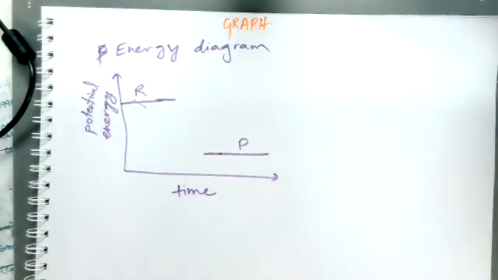Substances are trying to be stable. Just like when you are on a fourth floor, you are less stable as compared to when you are on the ground floor. What do I mean by stability? What do you understand by stability? Who will tell me what stability means? The word stability, both in physics as well as chemistry.